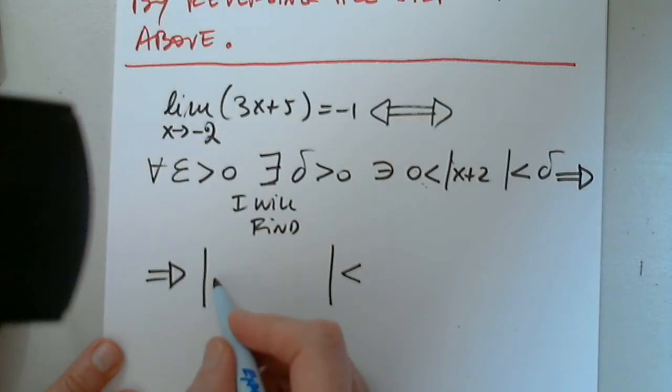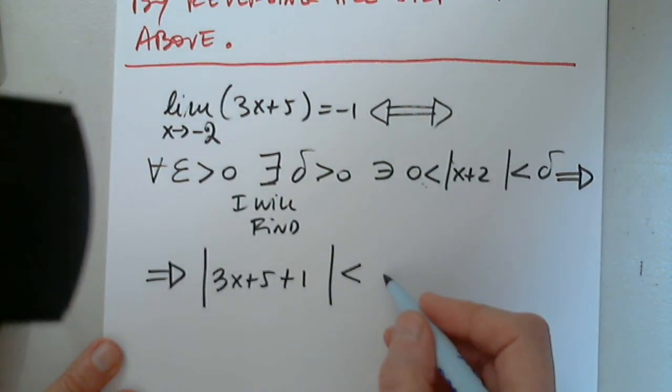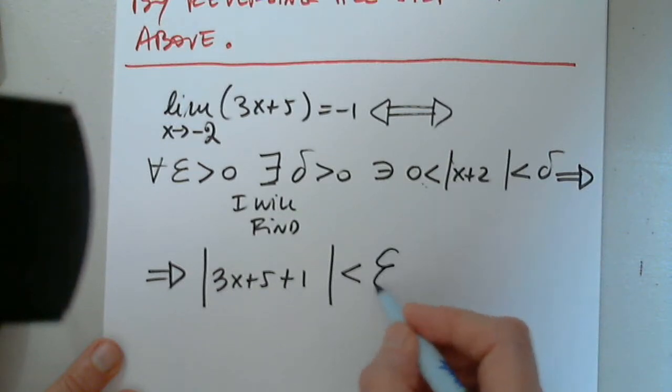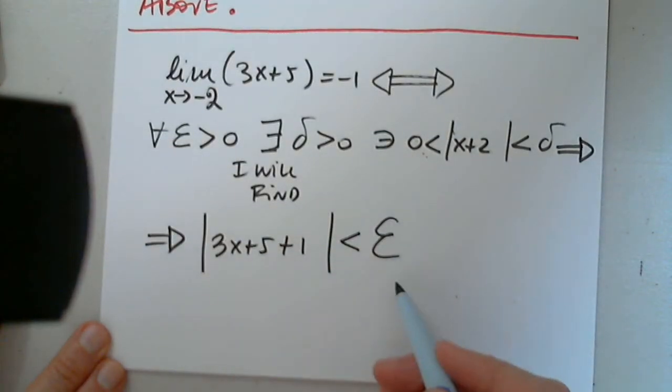F of x, 3x plus 5, must equal -1. Very good. Is less than epsilon. That's it. You got it. Perfect.